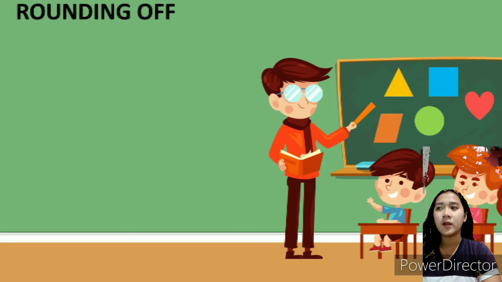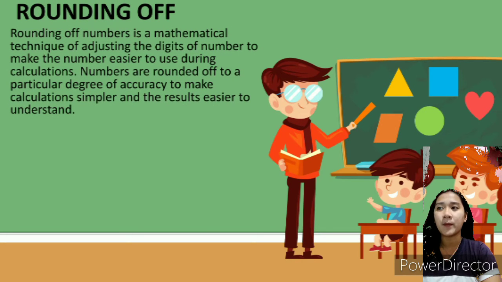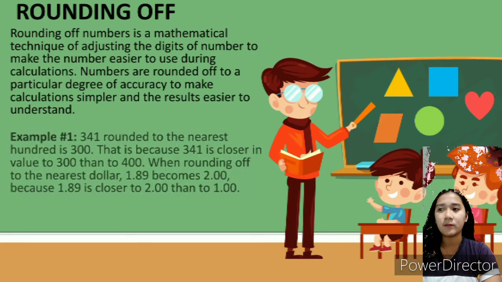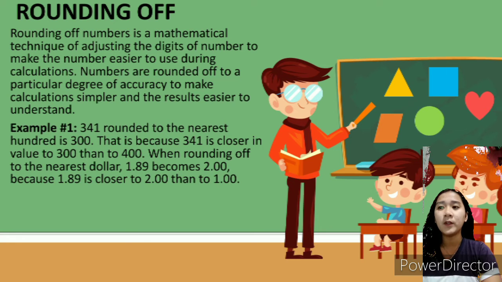Rounding off. Rounding off a number is a mathematical technique of adjusting the digits of a number to make the number easier to use during calculations. Numbers are rounded off to a particular degree of accuracy to make calculations simpler and the result easier to understand. Example number 1. 341 rounded to the nearest hundred is 300.